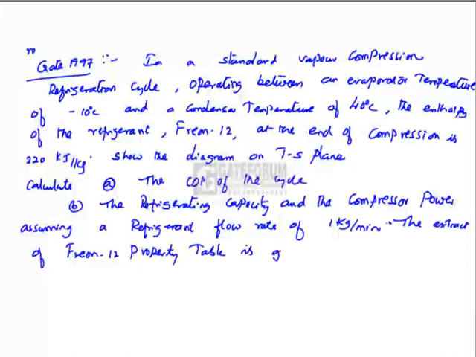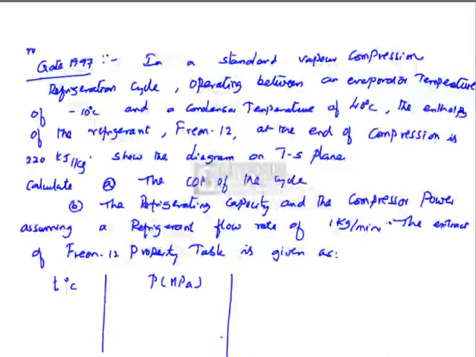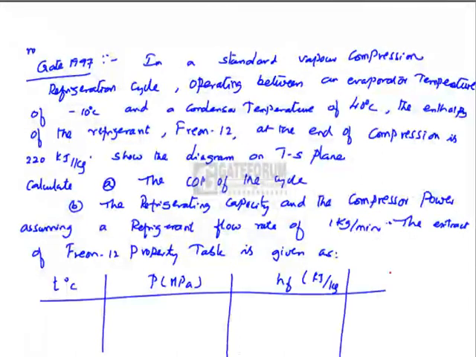is given along with the problem, at a saturation temperature T degrees centigrade, first column, P in megapascal saturation pressure, second column, HF in kilojoule per kg, that is saturated liquid enthalpy, and Hg in kilojoule per kg, that is dry saturated vapor enthalpy.